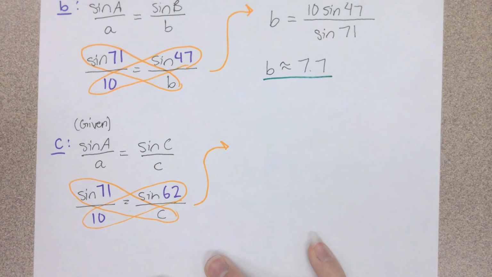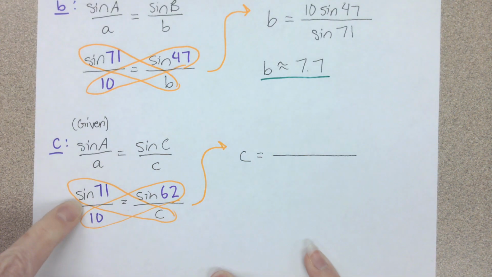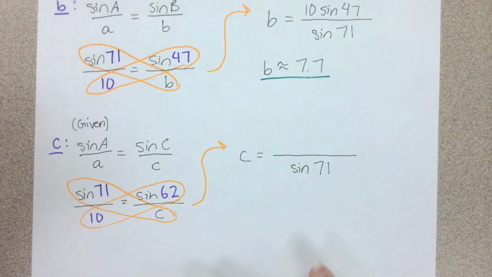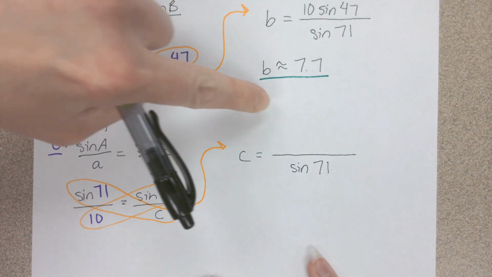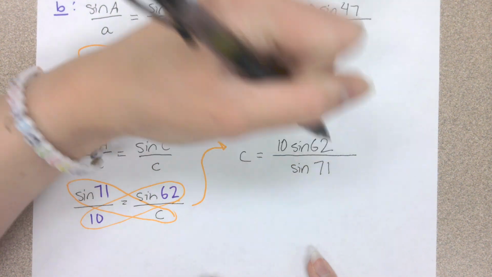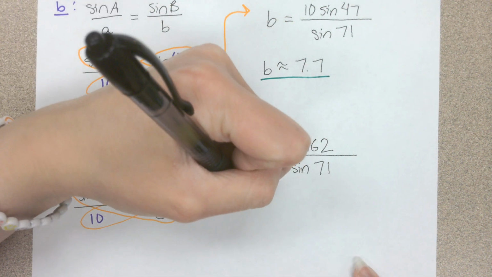And then setting up the answer, we have C equals, we're crossing with sine of 71, so that will go on bottom. That's what we divide by. And then these two numbers that get crossed, they're multiplied on top. 10 sine of 62. If it's still helpful for you to do the algebra completely, then do that. But if you can follow the shortcut, it does save you some time.